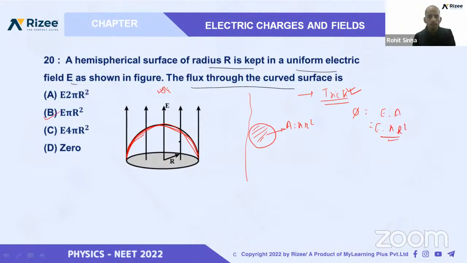B. Suppose the electric field is here like this, and a cylinder is placed like this, having radius r.